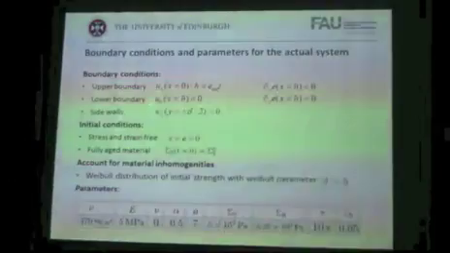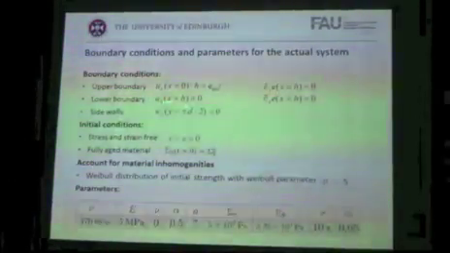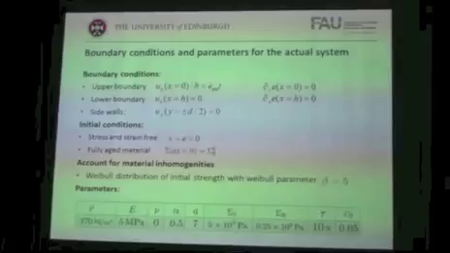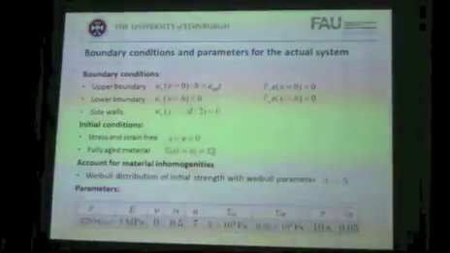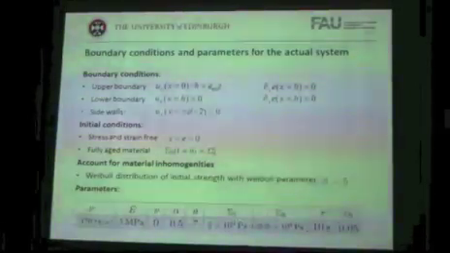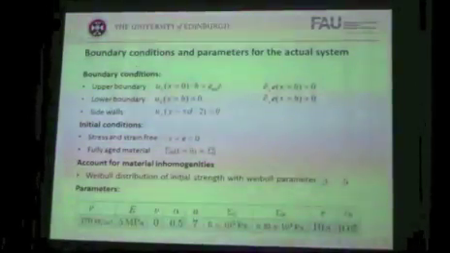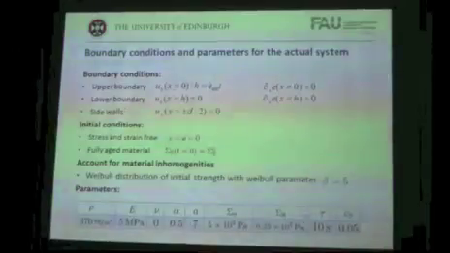As mentioned, on the bottom we have 0 or no displacement. On the top we have the displacements imposed by the displacement rates in the same way as we observed in the experiment.